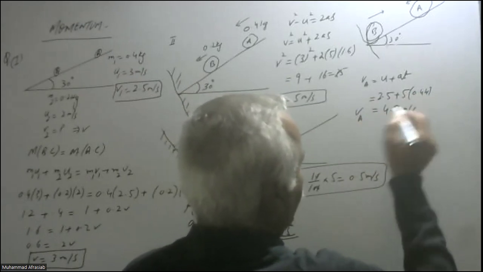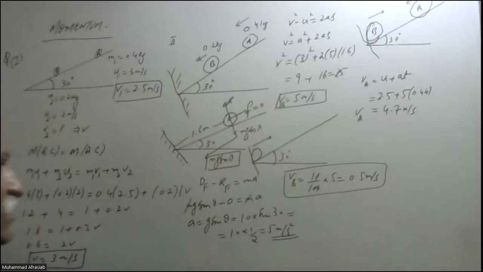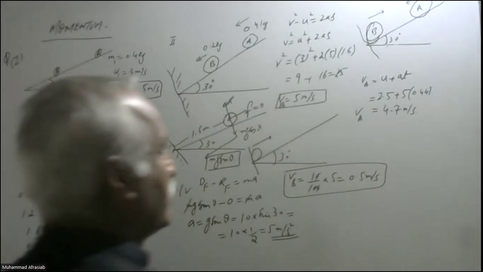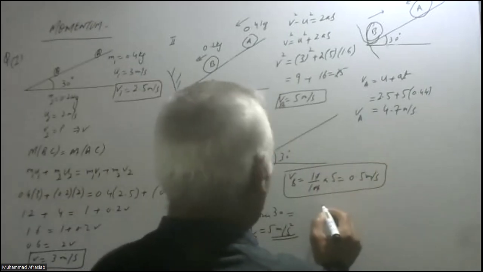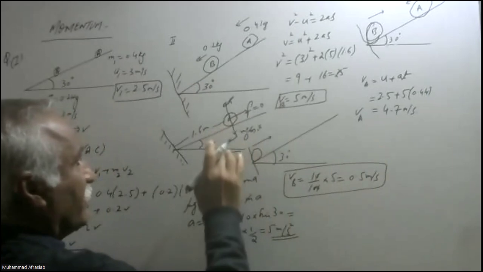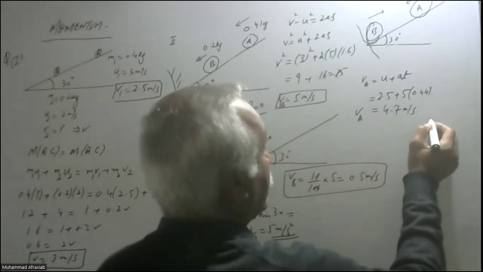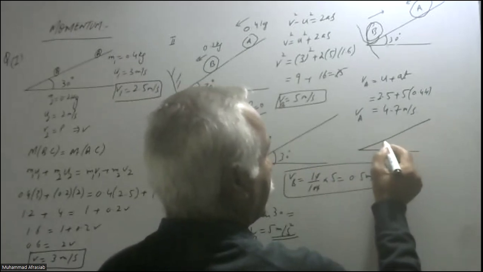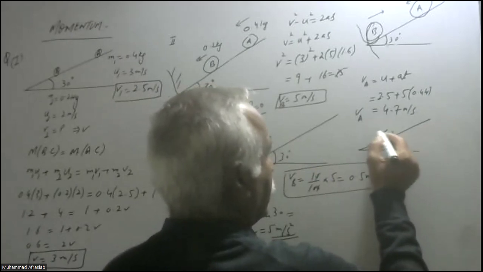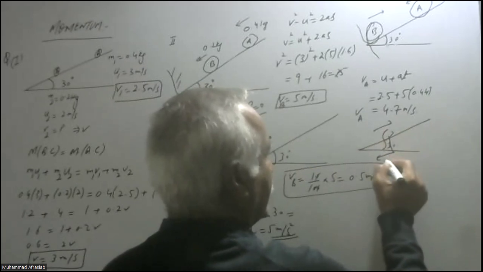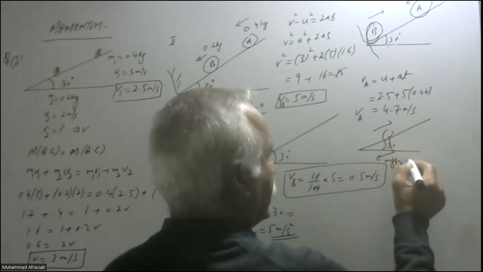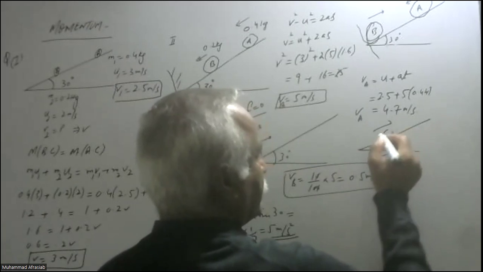So the velocity of particle A before the second collision is 4.7 meters per second. But for particle B, as it moves upward, mg sin theta is downward, and there is no driving force.